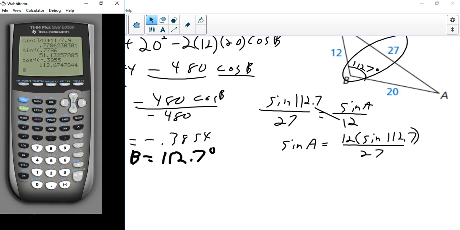Take my calculator and literally type that in. 12 times sine 112.7, close those parentheses, and then divide by 27. And that gives me 0.4100.